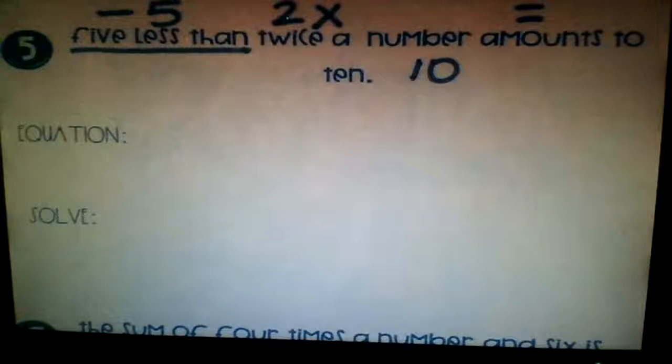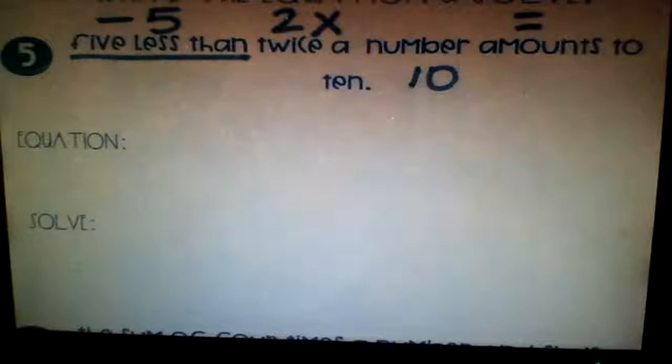Okay, so there are actually 2 ways you can write this. If it said 5 times a number, it would be 5x. So I'm going to show you both ways to write these because both of them are correct.